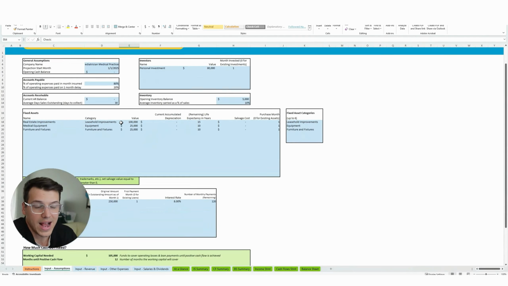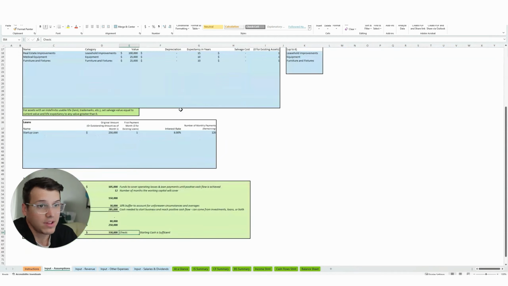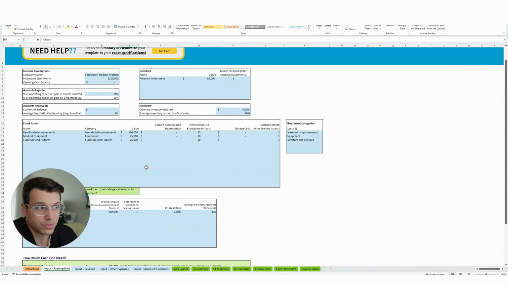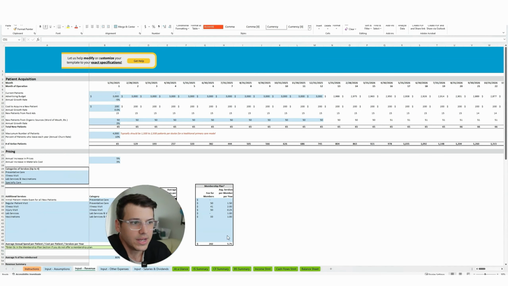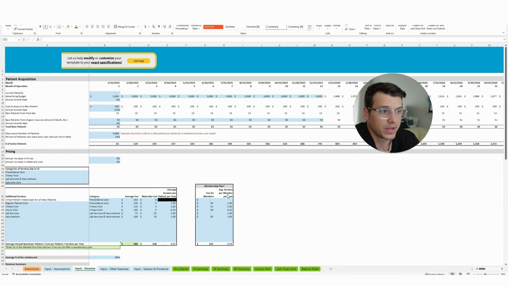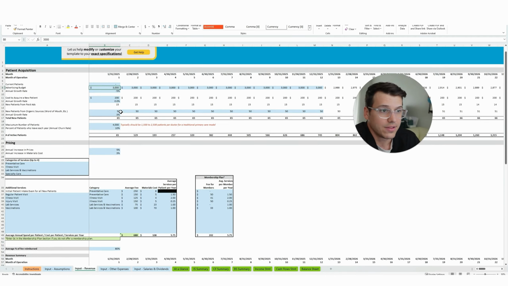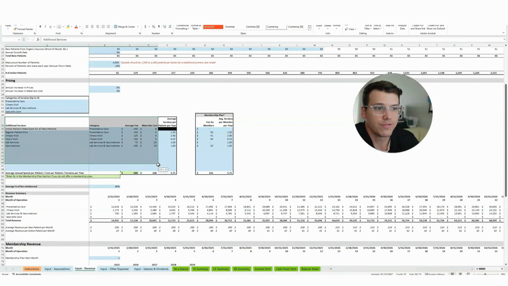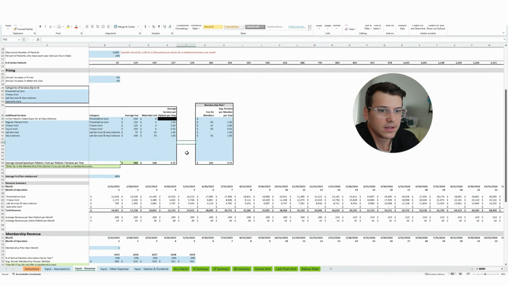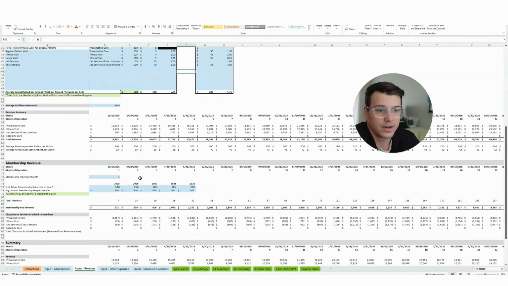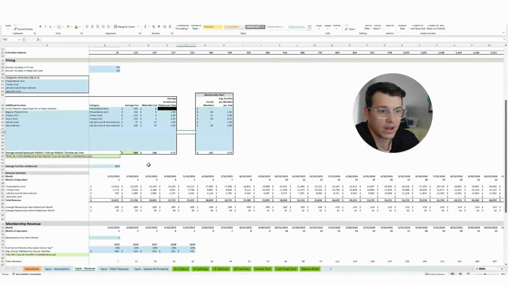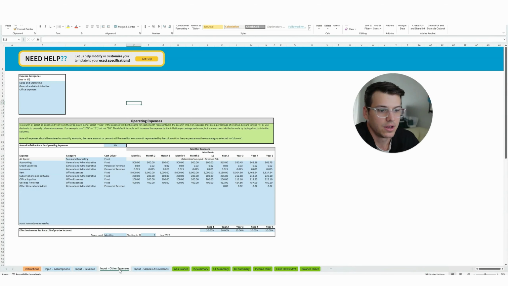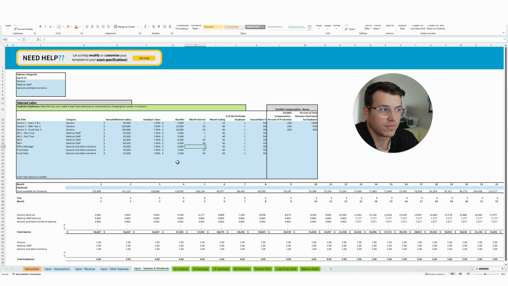We're just entering information on these blue tabs, and we're only editing these blue boxes. So we're going to put things like the assets we need to purchase. Are we going to have any investors? Are we going to have any loans, which we probably will? This page I know looks overwhelming. It's not. Again, we're only editing the blue boxes. We're estimating how we're going to acquire our patients. What is our menu of services and the pricing? Are we going to have a membership offering? And then we're going to have our monthly recurring expenses, so our overhead, what are our estimates there, and then our payroll, our salary.